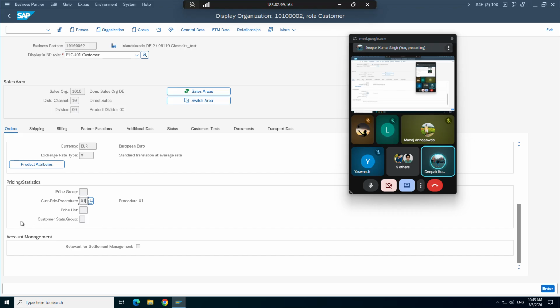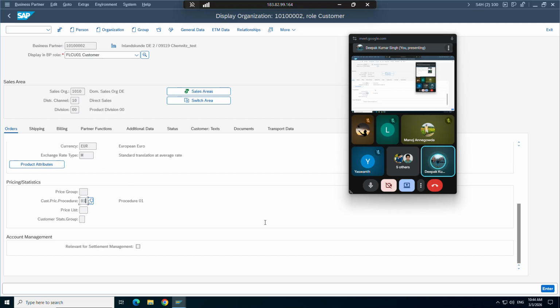This is why SAP gives all the options. If you don't put this checkbox in the customer master, even though your sales org is relevant for settlement management, your customer is not relevant. So business will happen normally with this customer. You don't give any discount at the end of the month based on volume or anything. So this is the function of this field.